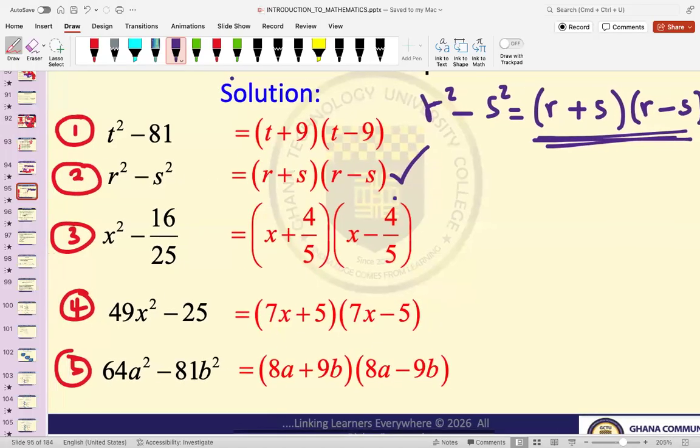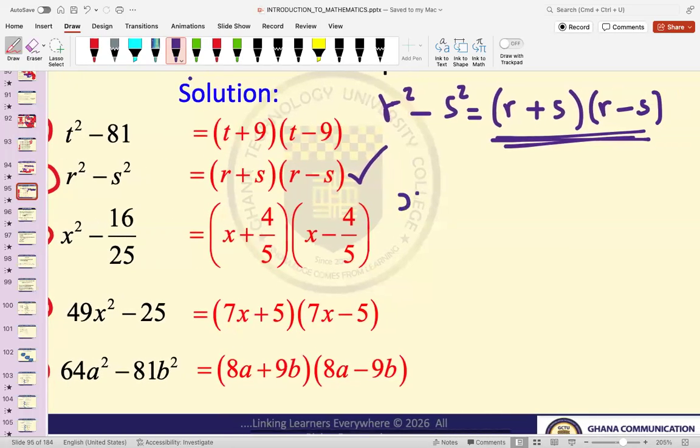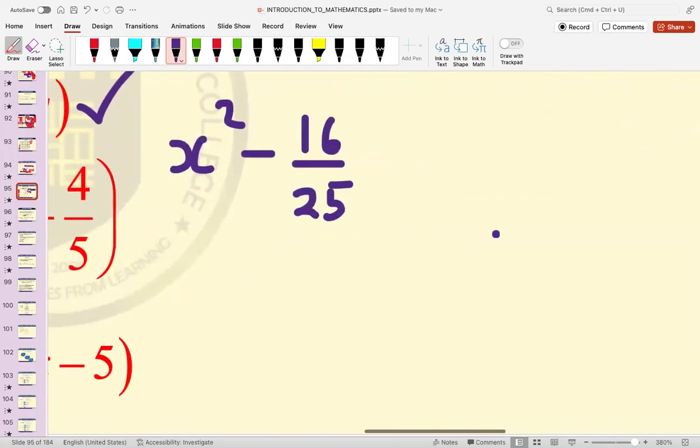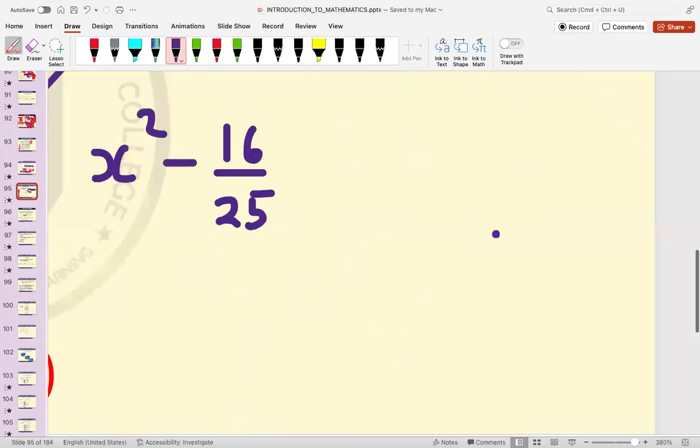Now for number 3, you have x squared minus 16 over 25. So you try and brainstorm how you can write this number as a square of a certain number.